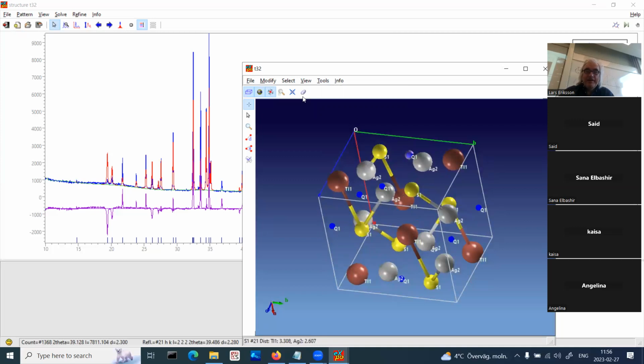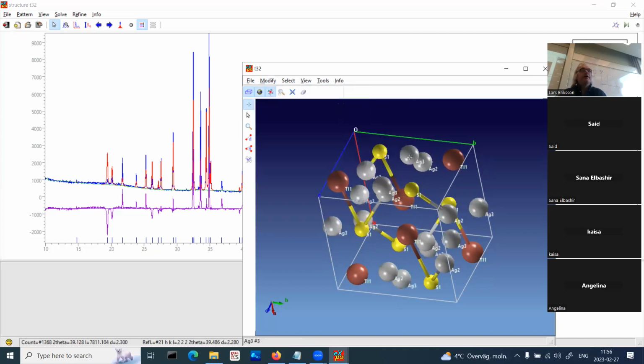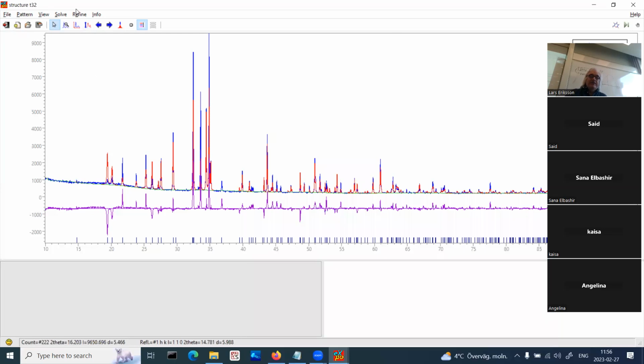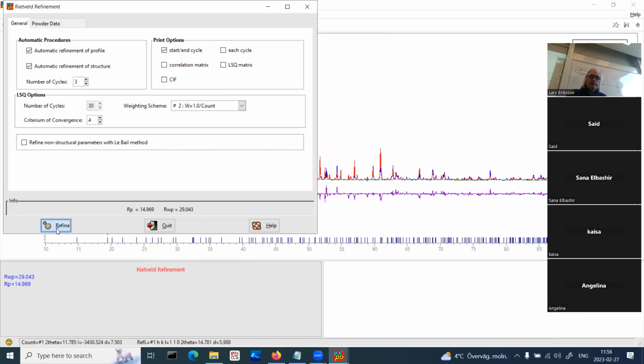One. Modify. Change species to silver. I don't know what I did. So let's see if this improves the fit in the simple Rietveld.